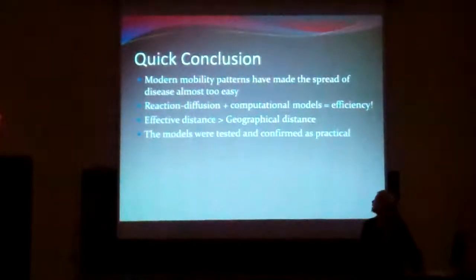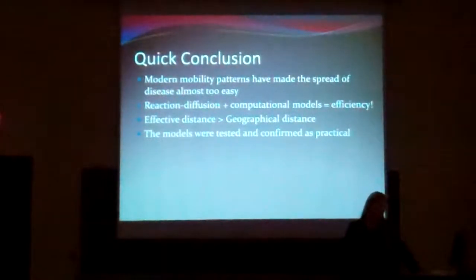Thanks to modern air travel, disease and pandemics have never been easier for spreading across the globe. With the reaction diffusion models and computational models put together, efficiency is really easy to come across for predicting the origin of disease.